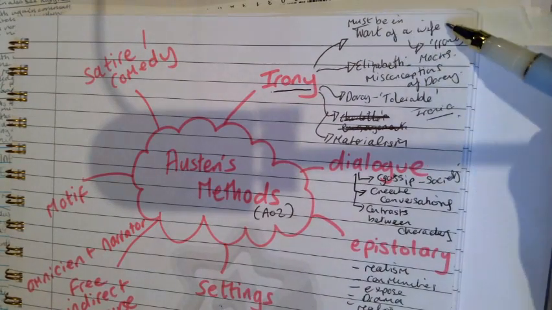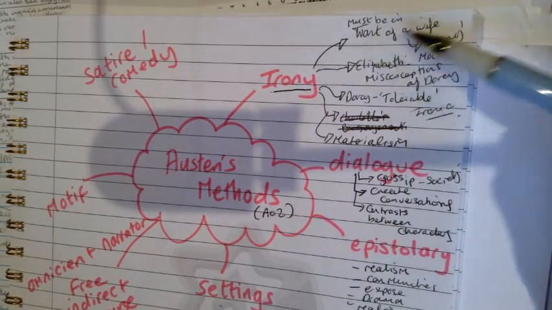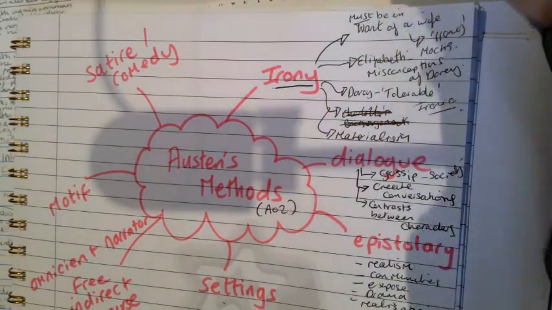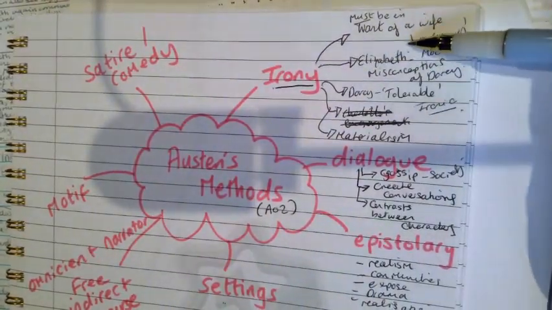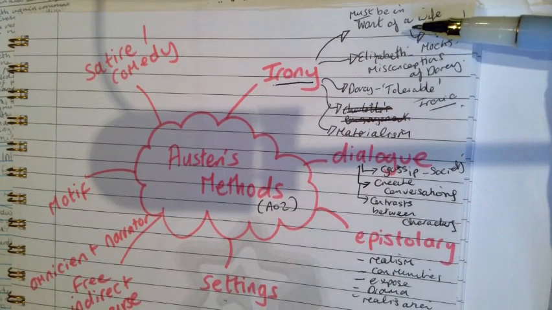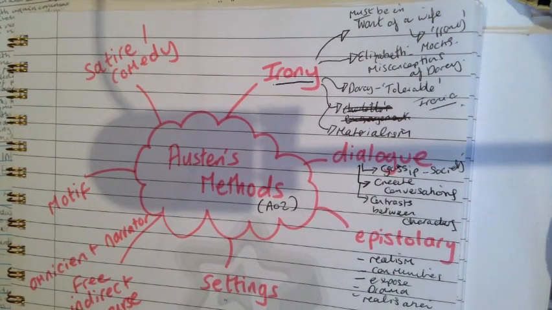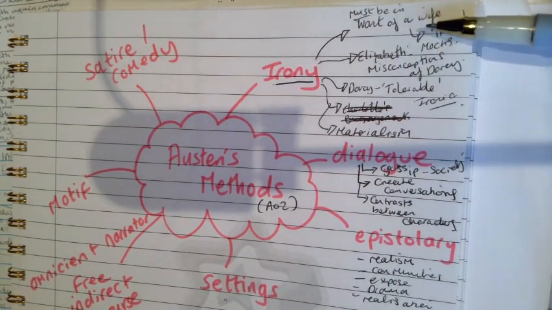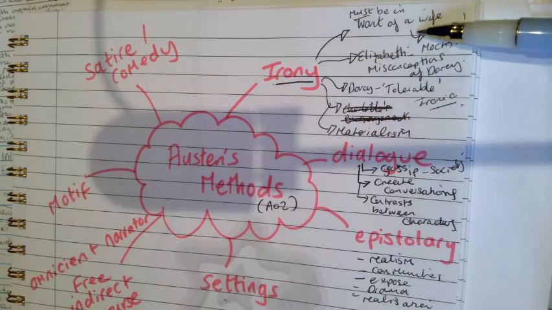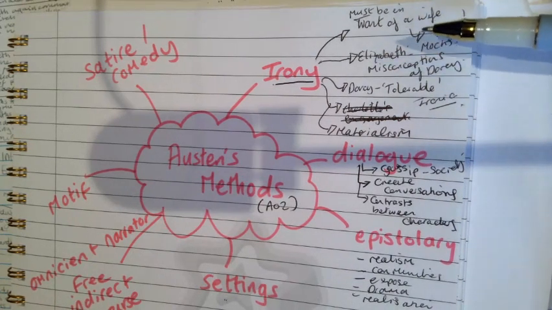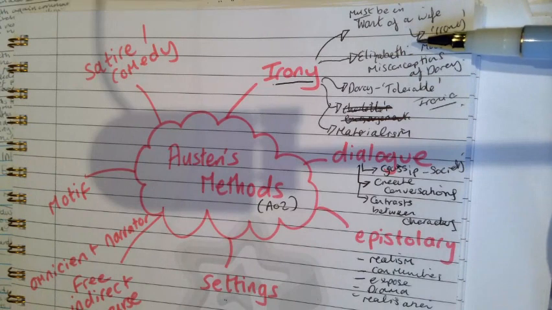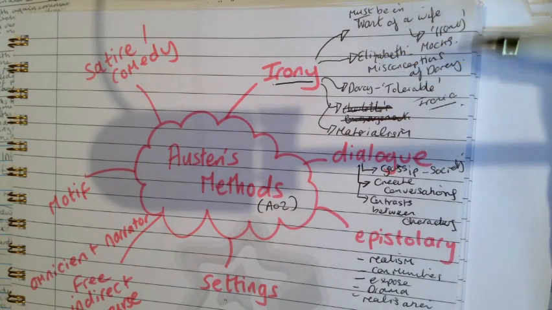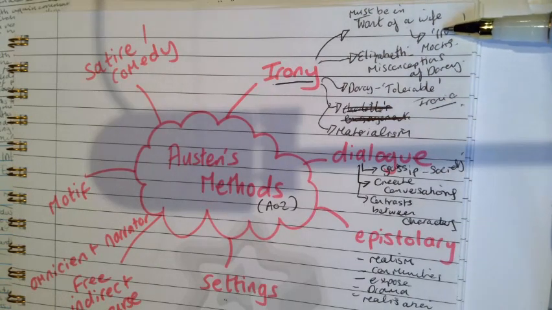So the opening of this novel starts with, it's a truth universally acknowledged that a man with money must want a wife. But that's ironic because a few sentences later we're sucked into Mrs. Bennet's desire to secure husbands for her daughters. So that's an ironic statement.